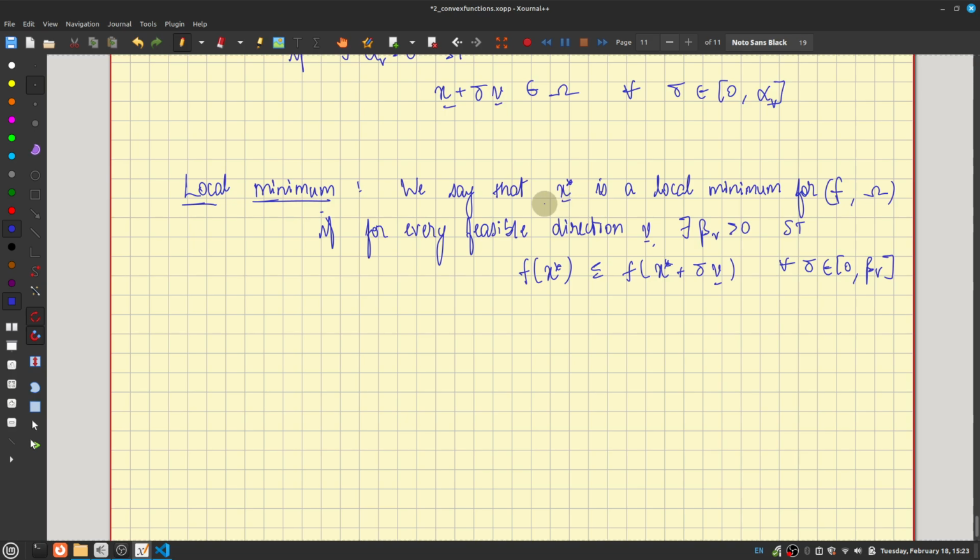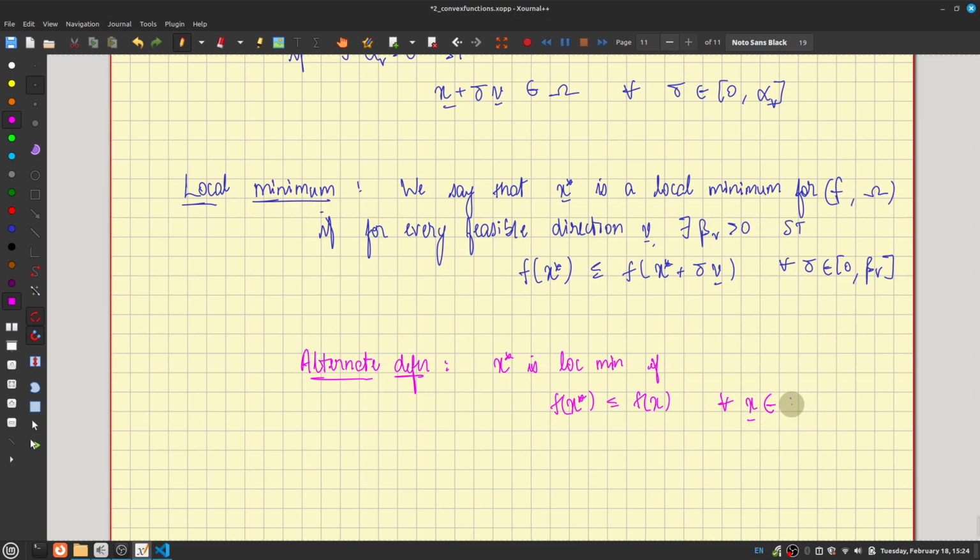I could say that x star is a local minimum if f of x star is less than or equal to f of x for all x, that is, if there exists epsilon greater than 0 such that f of x star is less than or equal to f of x for all x that lie within a ball of radius epsilon but within the constraint set.